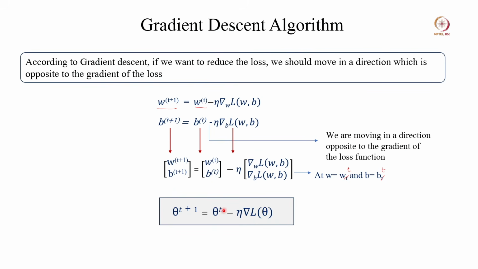Then eta is the learning rate, and this vector is the gradient of L with respect to theta. So, this is the weight updation or parameter updation equation in the gradient descent algorithm. This is how the gradient descent algorithm works.